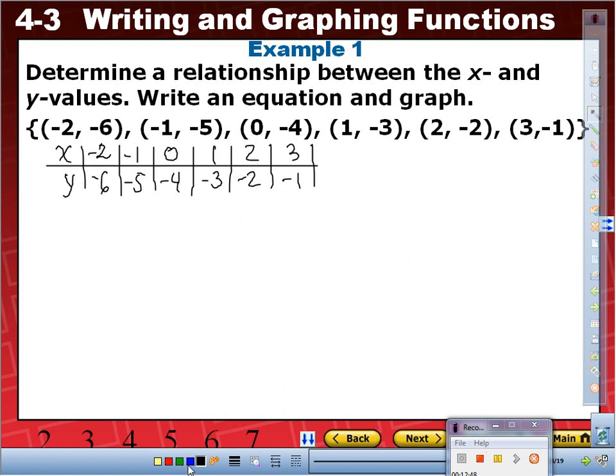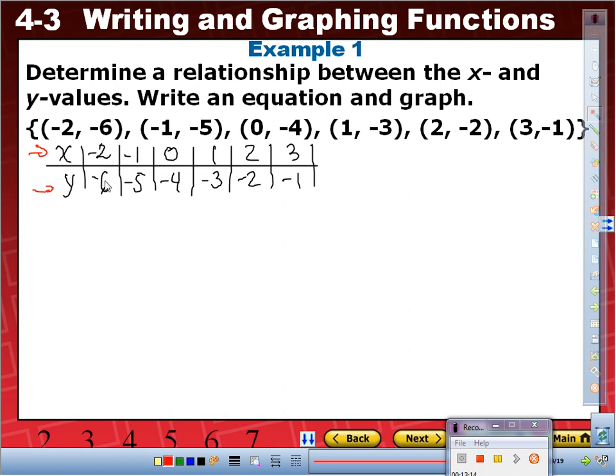So now, I'm going to look at the independent variable. This is my input. What is happening to x? What can I do to x to get this output? So think about it. This was -2.